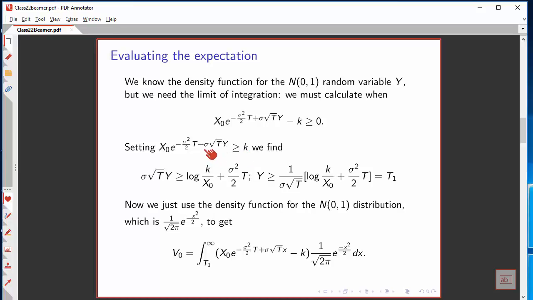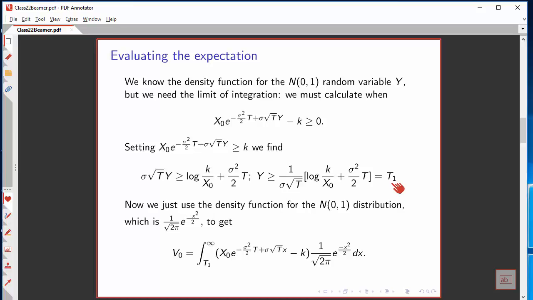I take the logarithm of both sides to isolate the exponent, isolate sigma square root of t times y on the left-hand side, and finally divide through by sigma square root of t to get an inequality that is satisfied whenever the option is in the money.